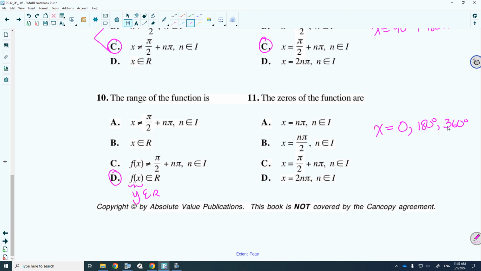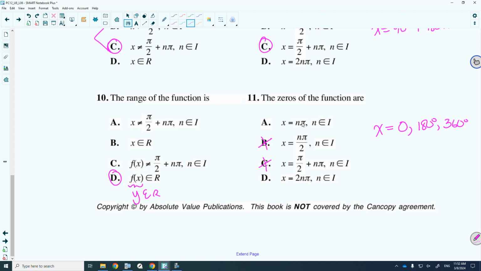It can't be this one, because that would be telling me a zero is at pi over 2, which is 90. This one is telling me zeros are at 90 degrees and then add 180. That would be the VAs. So it's not this one.